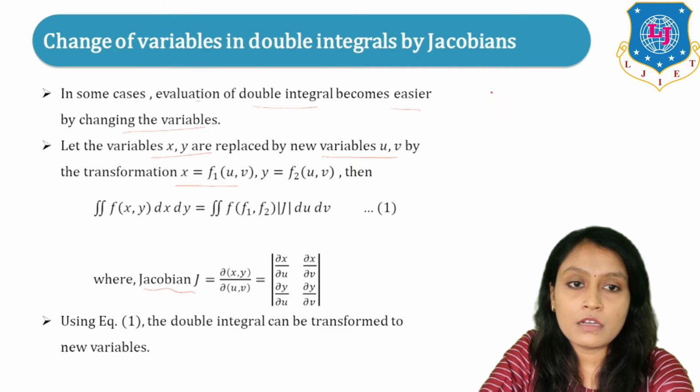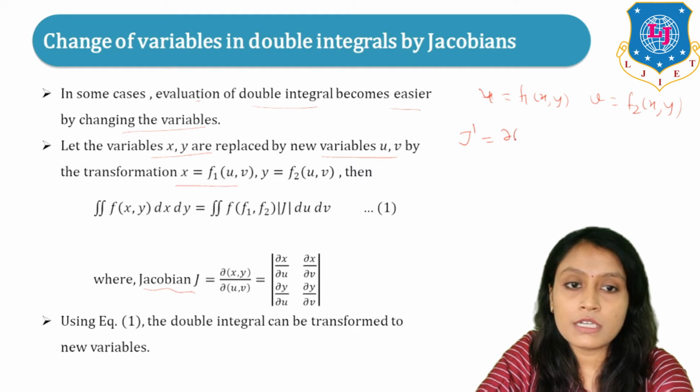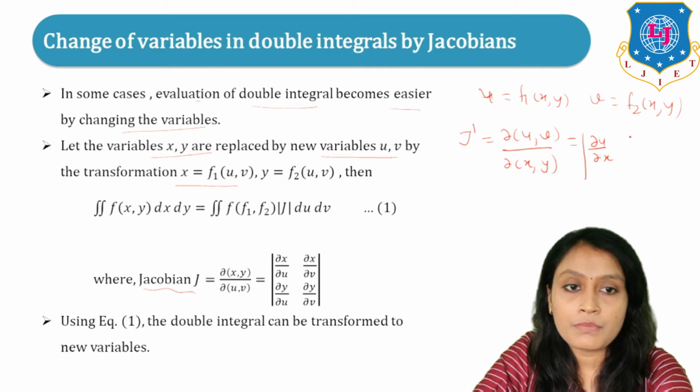Or if u is given as a function of xy, and v is given as a function of xy, then we will find J dash, which is del of uv upon del of xy, and this can be expressed as the determinant of del u by del x, del u by del y, del v by del x, del v by del y.